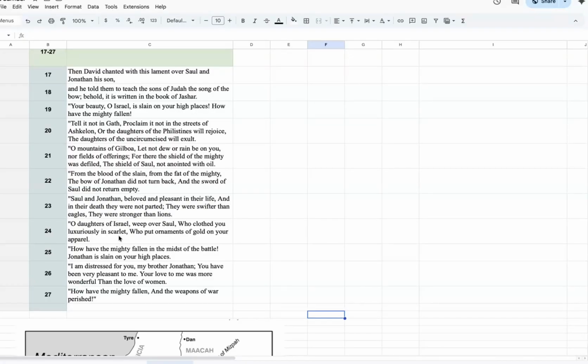So there are different facets here. It is respect for the Lord's anointed. It's what he's publicly saying about Saul and teaching people to say about Saul. He's leading them in respect for the Lord's anointed.